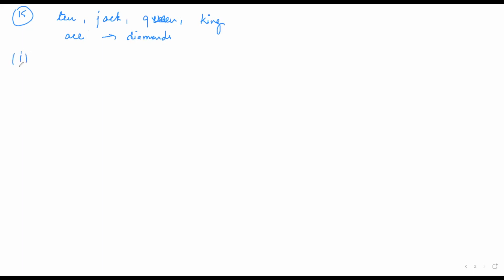So first, what is the probability that the card is the queen? What is the number of favorable outcomes in this case? 1. Yes. Only one, right, Martin? Because there's only one queen. Now before this, you write total number of possible outcomes.